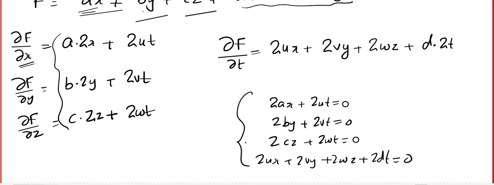Now when will the given equation represent a cone? If you can find a solution which will balance all the 4 equations, then we can say that the given equation represents a cone.